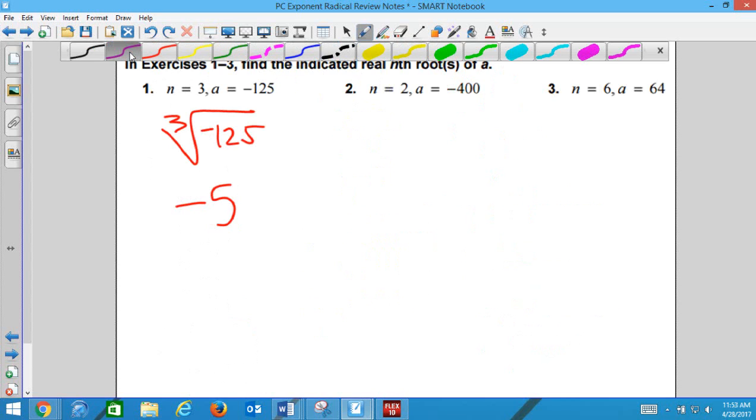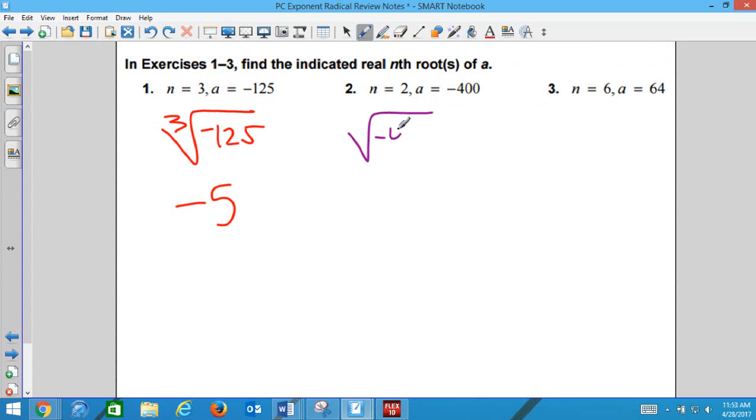This one says take the what root? Square root of negative 400. Not a real number. And I'm not finding the imaginary because it doesn't say find it. It just says find any real ones. So we don't need to do that one.